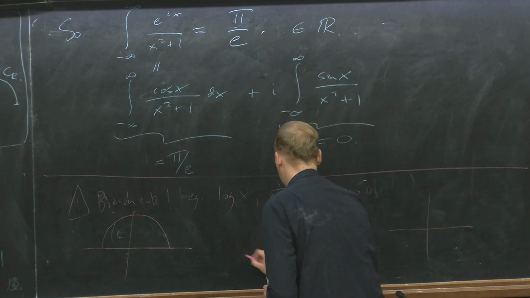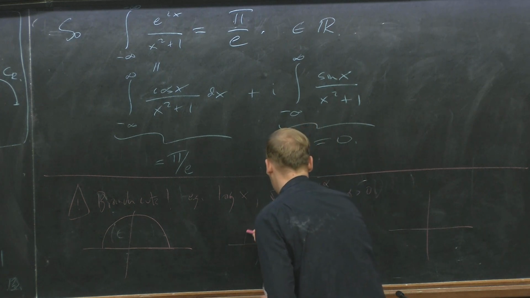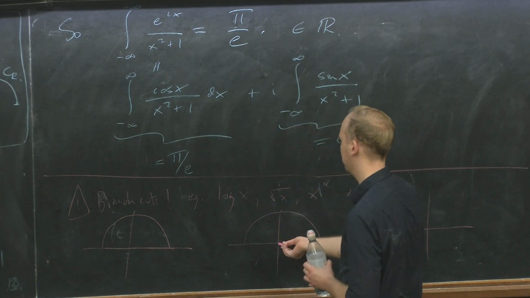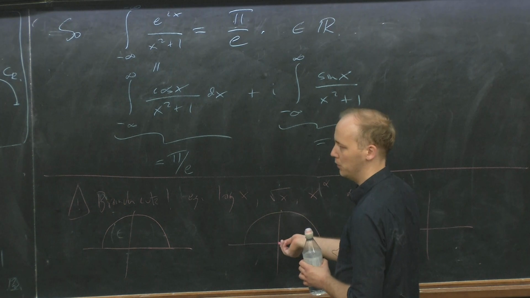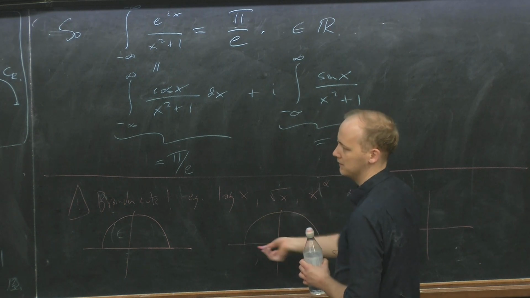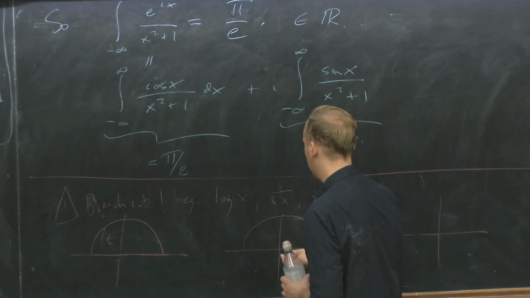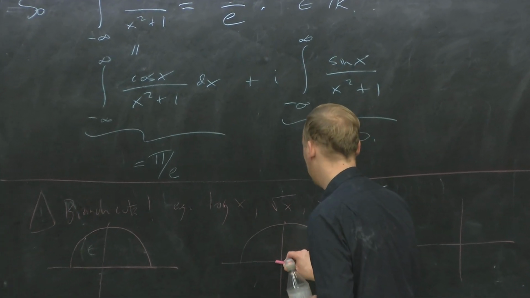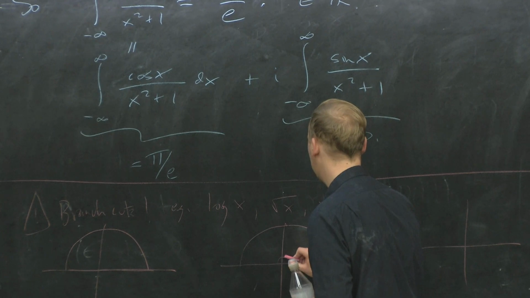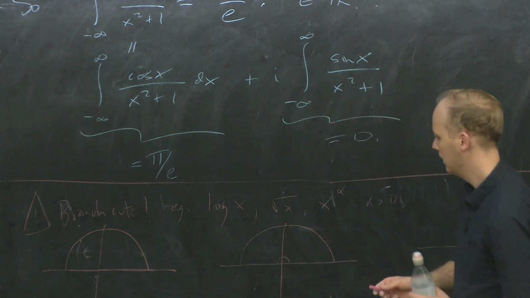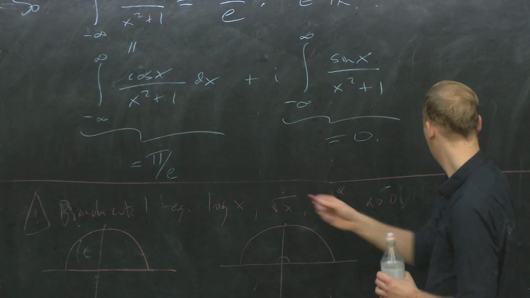Another second typical example is this semicircle, but maybe you have a pole actually on the real axis. So if you have a pole on the real axis, you have to avoid it. For example, the pole might be in 0, and then you have to avoid it by going around here on a small disk. And so you look at this thing.